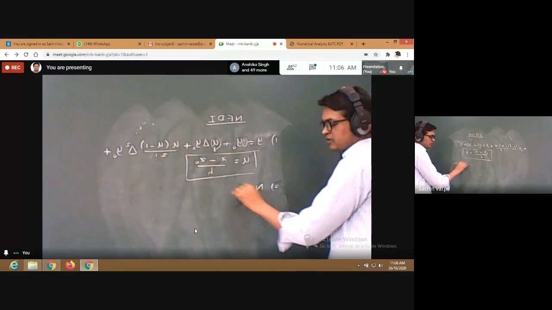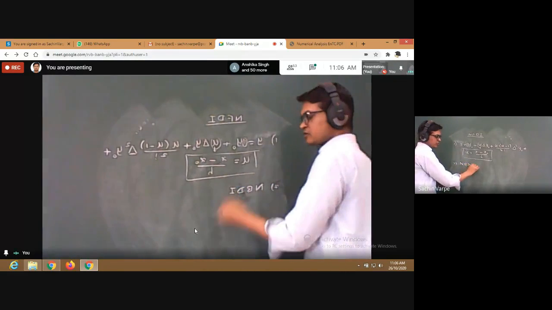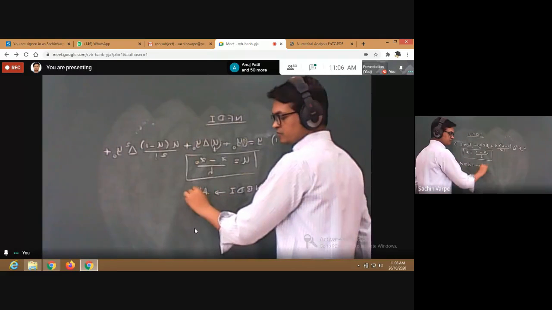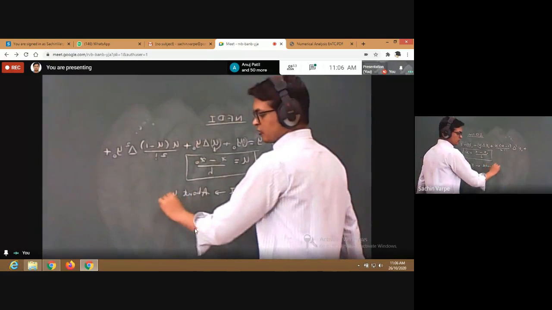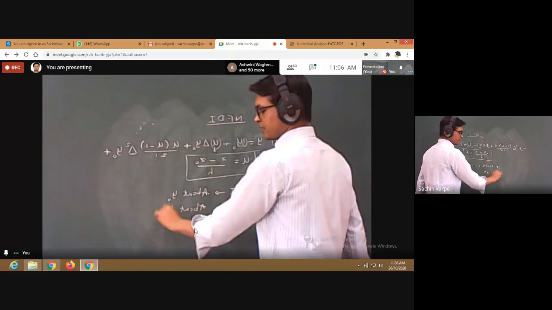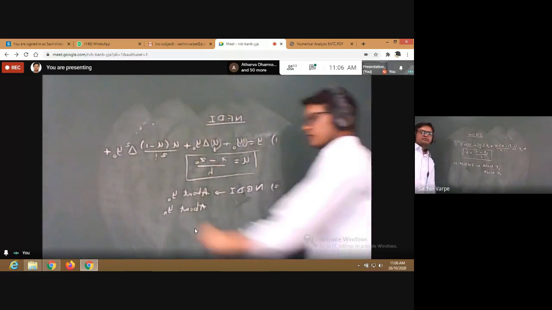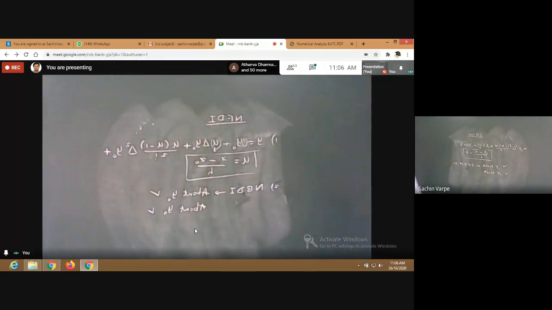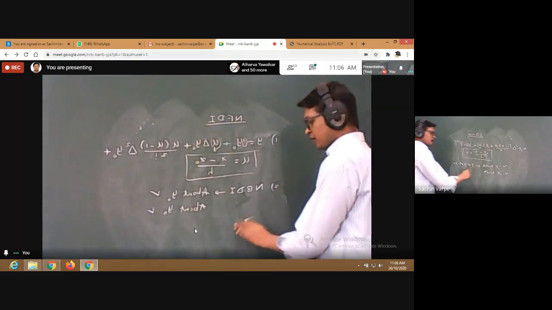Then Newton's backward difference interpolation. In that also we have discussed two formulas. First is about y naught and second is about yn. So what is Newton's backward about y naught?